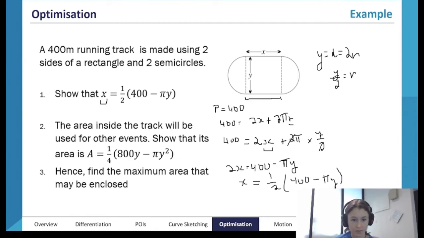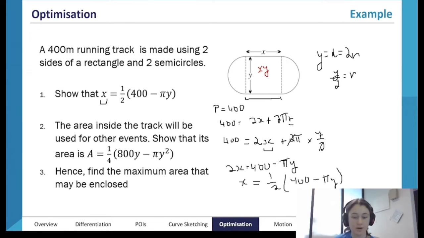So our area is going to be equal to the area of this rectangle plus the area of these two semicircles. So we're going to have the area of a rectangle plus the area of a circle. So the area of our rectangle is going to be equal to xy, right?